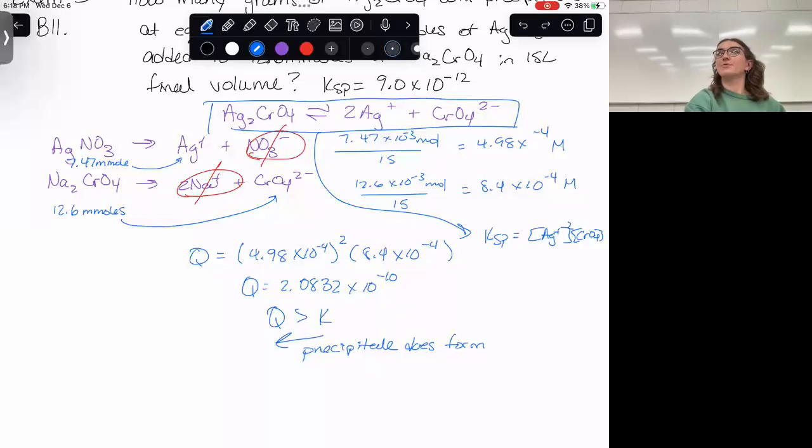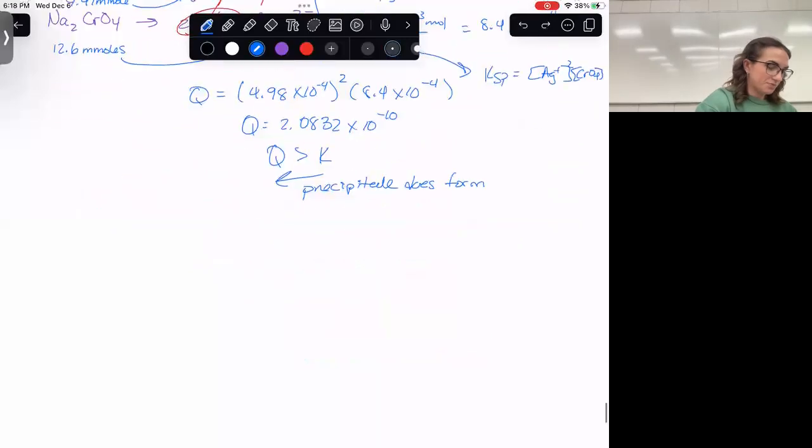So what do we do instead? I heard someone say it. So we have to solve for KSP, or we have to use our KSP to find X.